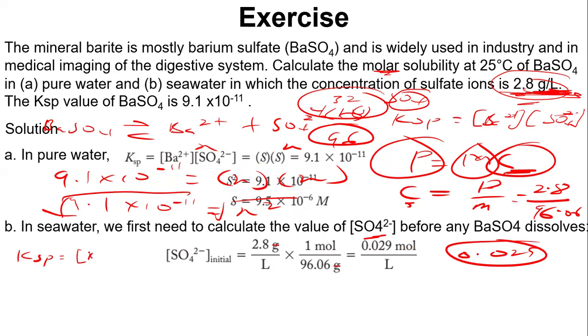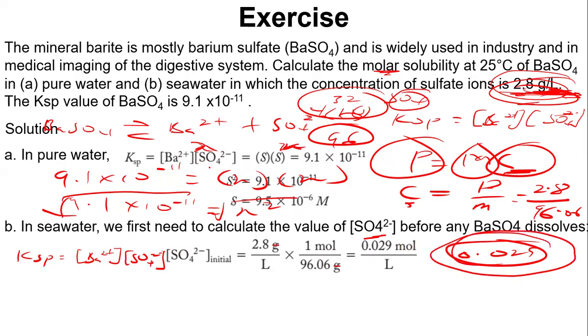Concentration of barium 2+ multiplying concentration of sulfate 2- ion, right? Now if this is x, according to the concentration, this is supposed to also be x. But then because of the contribution from the seawater, this molar of sulfate will have to be added. So the total sulfate will become 0.029 plus the x coming from the dissociation of the salt, right?